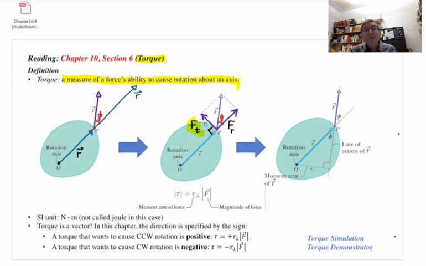The farther away point P is from the axis with the given F tangential, the more rotation you can get, or the bigger the tendency is for the object to rotate. So there are two key things that are important for quantifying a tendency for an object to rotate. How big is the tangential component of the applied force? And how far is that acting from the axis of rotation?